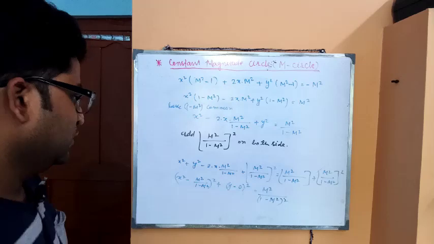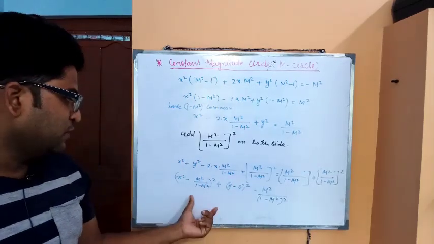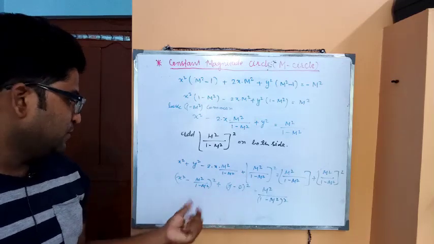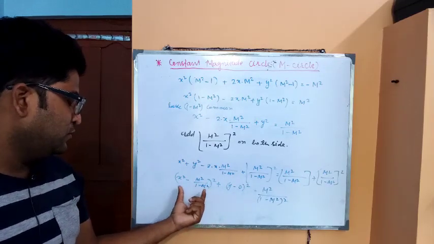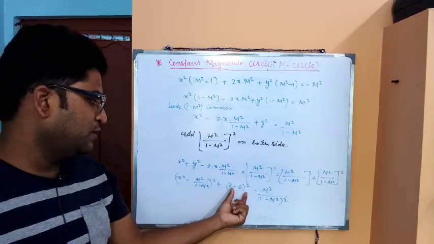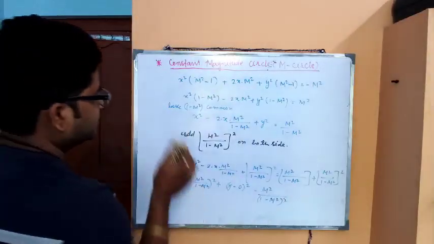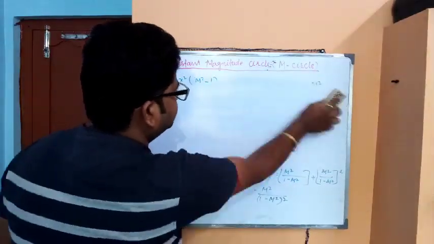Okay, and if we compare this equation to the equation of circle, x minus a whole square plus y minus b whole square is equal to r square, we can clearly observe that it's an expression of circle.